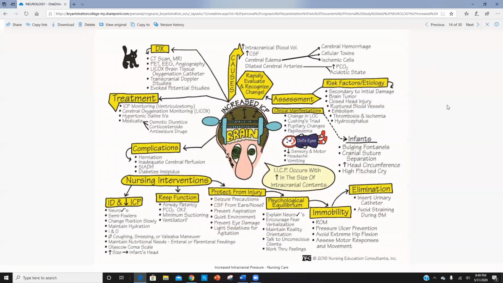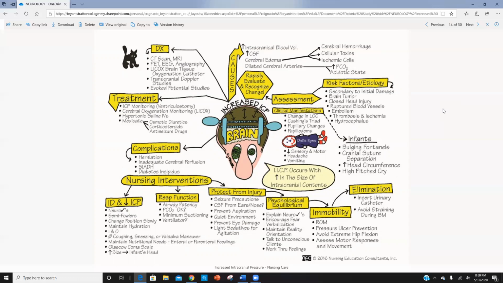All right, so this slide is very busy. There's a lot going on, and there's always a lot if the patient has IICP. So I'm going to talk to you a little bit about IICP, which is increased intracranial pressure. This is a rise in pressure within the skull that can result from a trauma, some kind of brain injury.